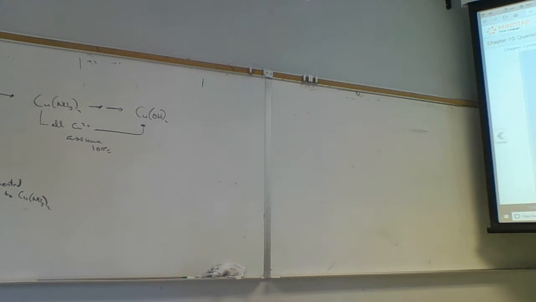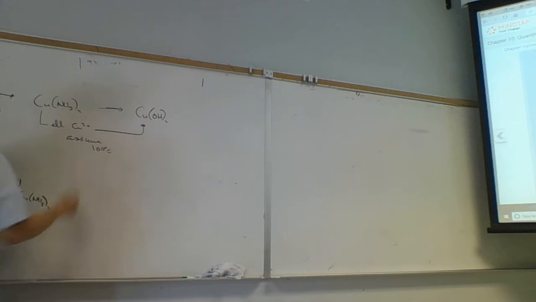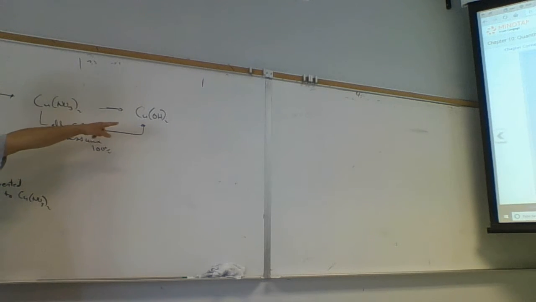We probably can do it in one step. You know, to convert copper 2 nitrate to copper 2 hydroxide is probably pretty easy. What would you add? Just add hydroxide. If you add hydroxide, copper ions like hydroxide ions. So you could add lithium hydroxide, potassium hydroxide, sodium hydroxide, whatever you want. And so I would think we can do this in one step. But we don't need to know what they added. They just are telling us that all the copper 2 ends up there.